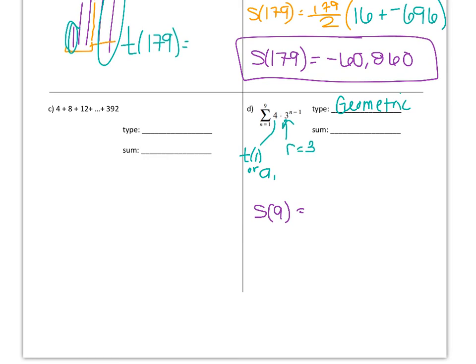So if we flip back and look at our formula, first of all, we had A1, which is the first number. So the first number in ours is 4. So our formula would be 4 times r to the n minus 1. So 3 is our r.